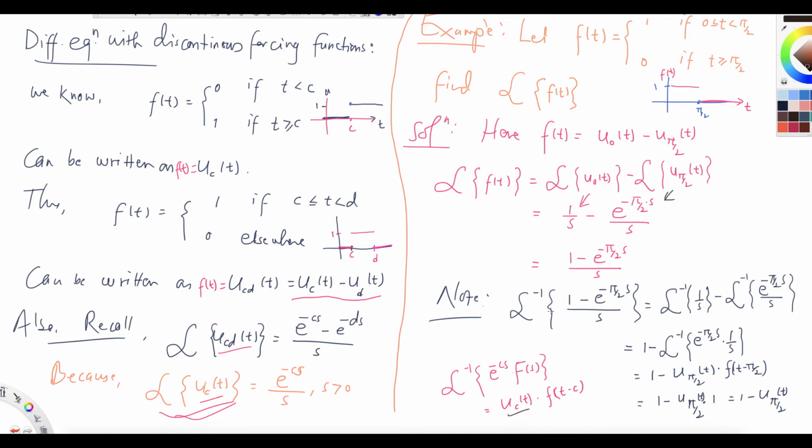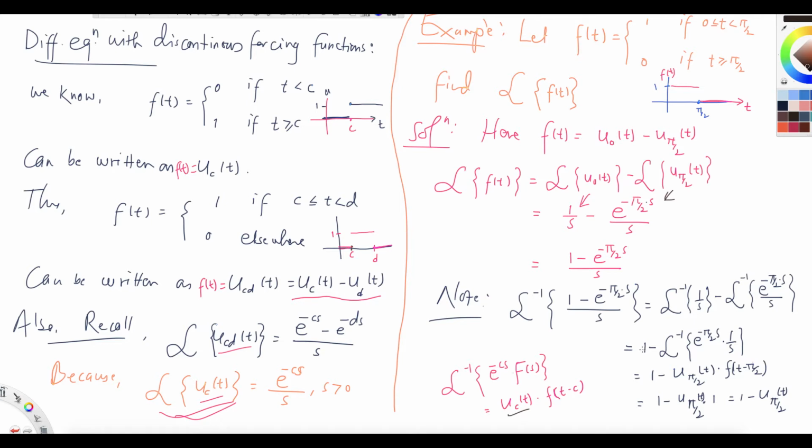Inverse Laplace transform of (1 minus e to the negative π/2 s) over s is equal to, you can write, the inverse Laplace transform of 1 over s minus the inverse Laplace transform of e to the negative π/2 times s over s, right? Now, what is the inverse Laplace transform of 1 over s? That is 1, because the Laplace transform of 1 is 1 over s.